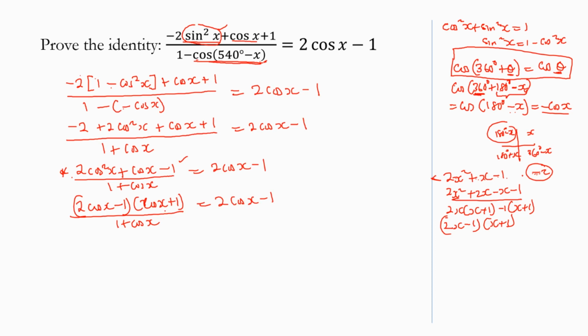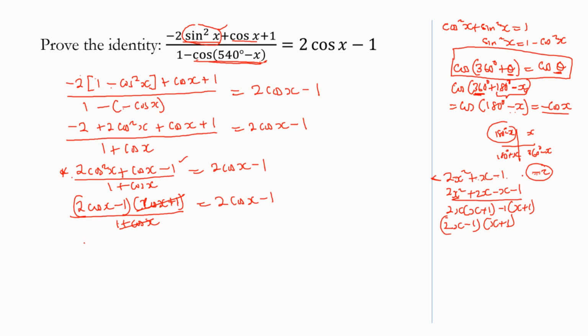Remember that addition and multiplication are commutative. So cos x plus 1 is just the same as 1 plus cos x, isn't it? So cos x plus 1 divided by 1 plus cos x is 1.